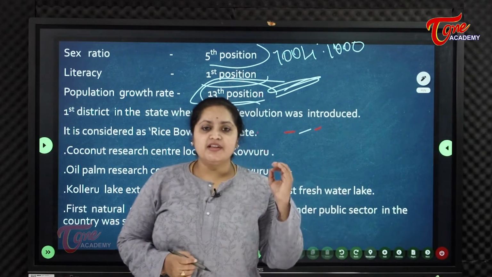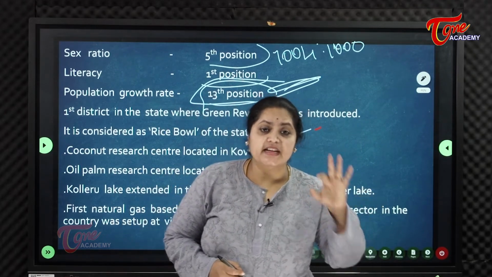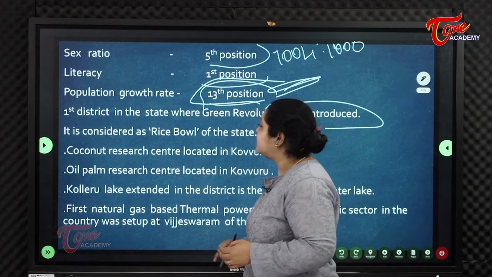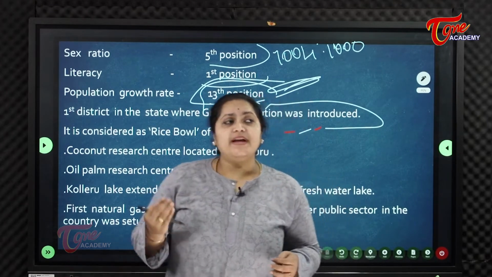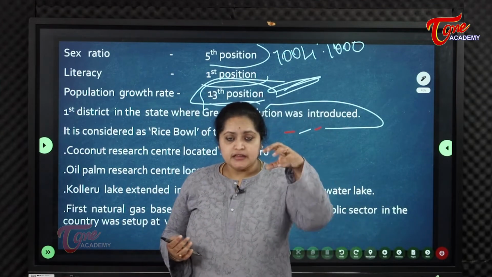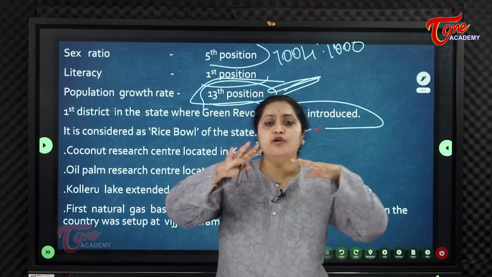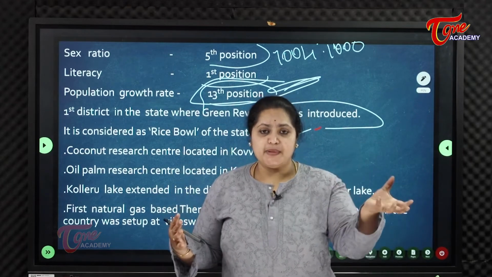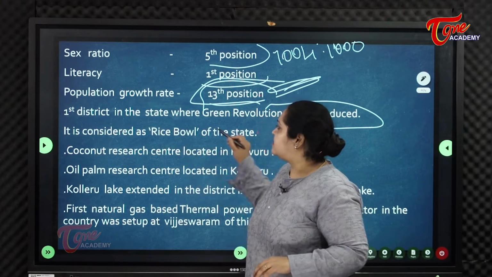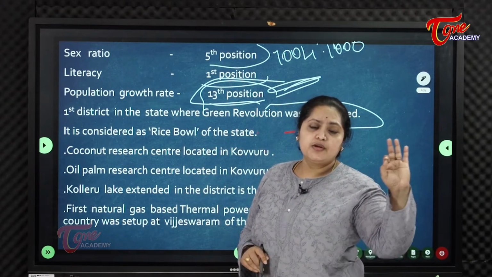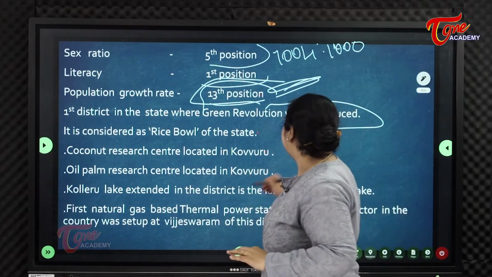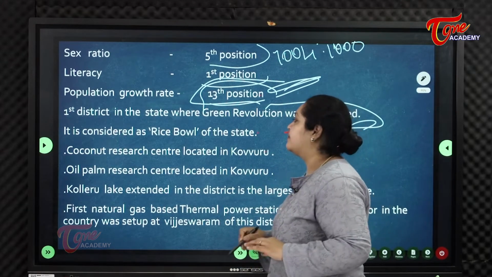West Godavari is the first district in the state where Green Revolution was introduced. When Green Revolution was introduced, they selected some districts all over the country, like some in Punjab and some in UP and one in West Godavari. So West Godavari was the first district in the state to introduce Green Revolution.